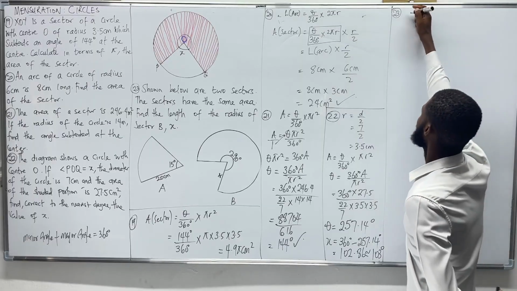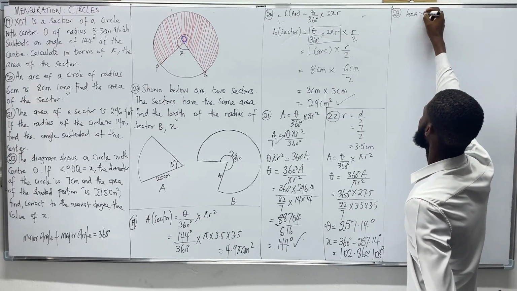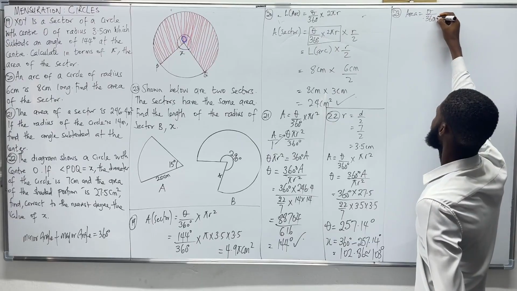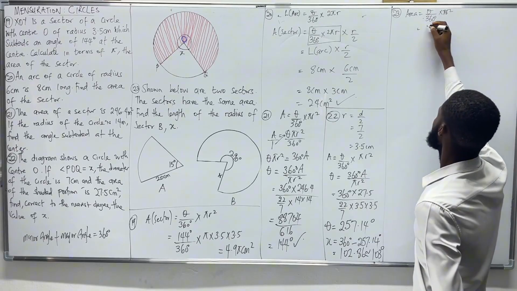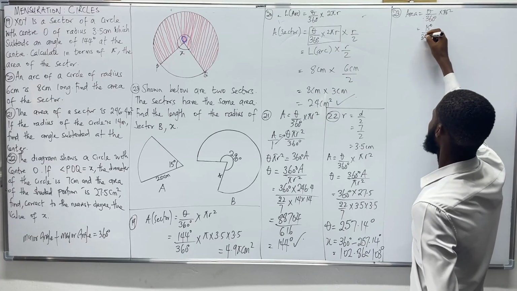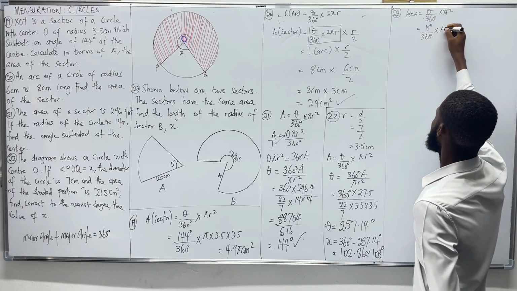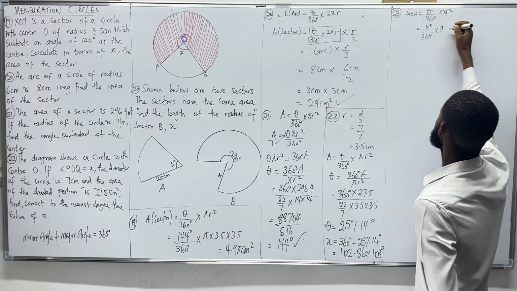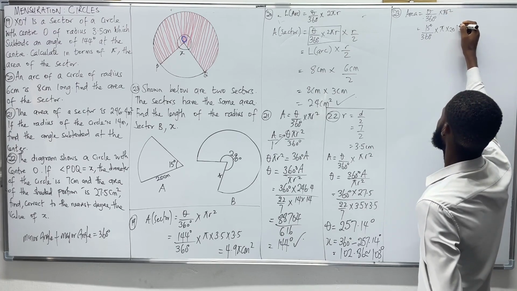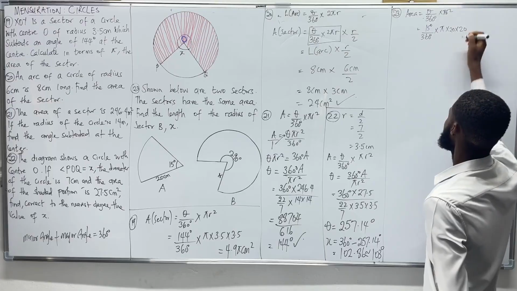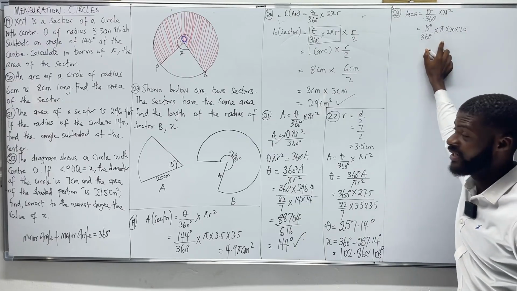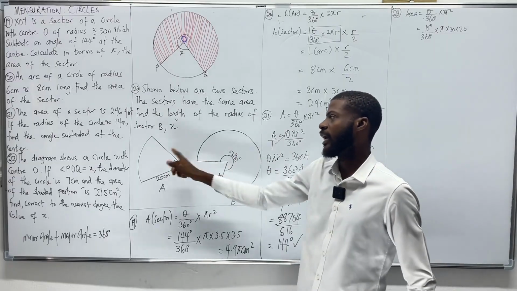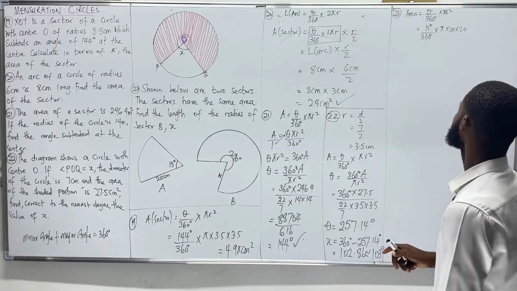So the area of that very one is theta over 360 degrees times pi r squared. So that theta is 15 degrees, divided by 360 degrees times pi. R is 20, so that's 20 squared, or 20 times 20. No need to remove the pi and put 22 over 7. Since these two will be equal to each other, the pi will cancel out.